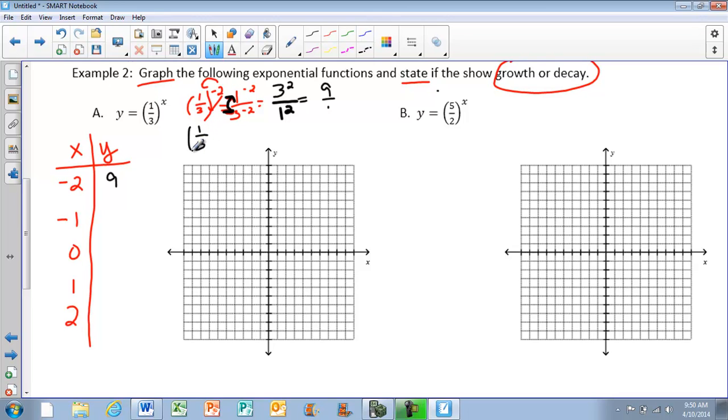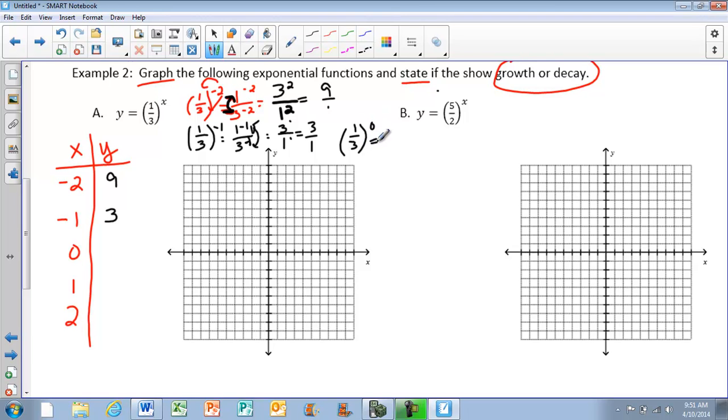We do the next one, 1/3 to the -1 power. Review, 1 to the -1, 3 to the -1. Switch those, so we have 1 to the 1 power, 3 to the 1 power. -1, 3 is our next point. 0, 1/3 to the 0 power.